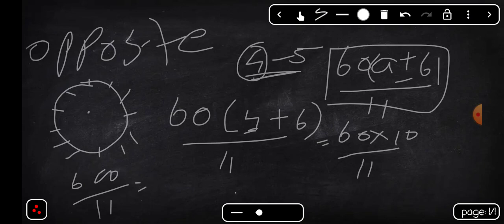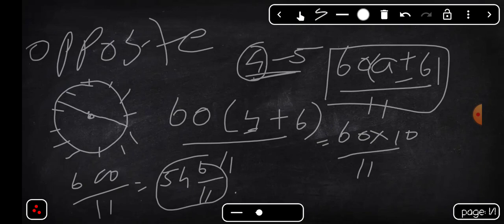That means 54 minutes 6 by 11, that means 4 hours 54 minutes 6 by 11. This will be the opposite direction: the minute hand and hour hand will be in opposite directions.